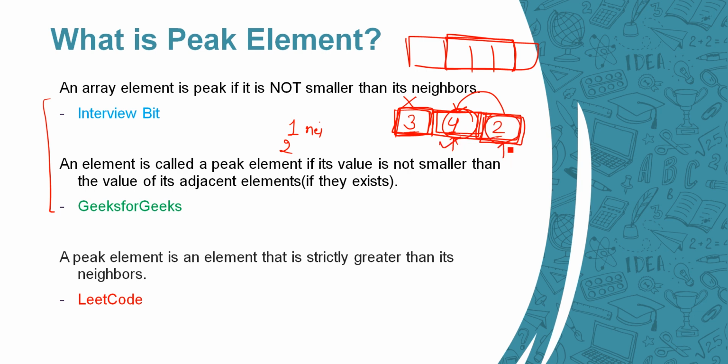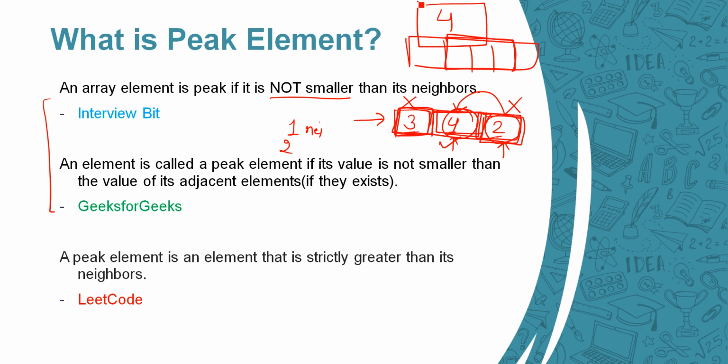Now move to the next, which is 2. 2 has only one neighbor, which is 4, so 2 is smaller, but it should not be smaller. Again the condition doesn't satisfy, and this is also not a peak element. So in this array of size 3 we have only one peak element, which is 4.